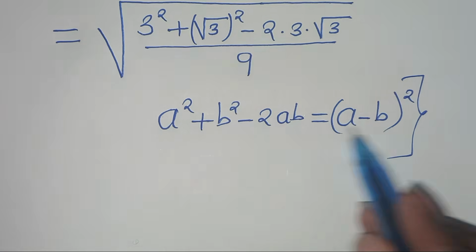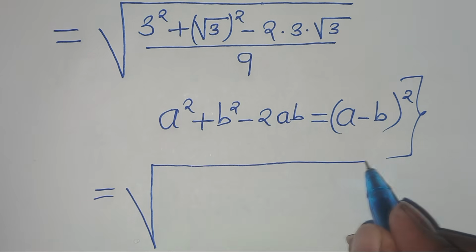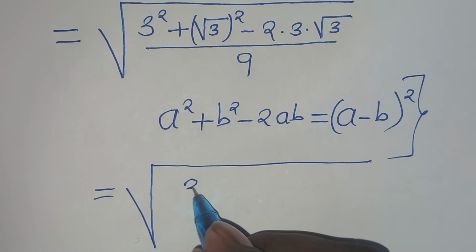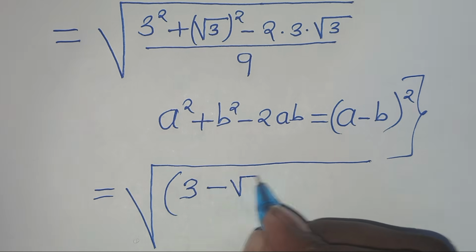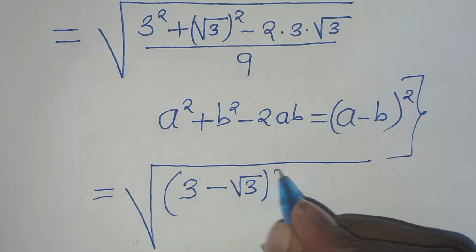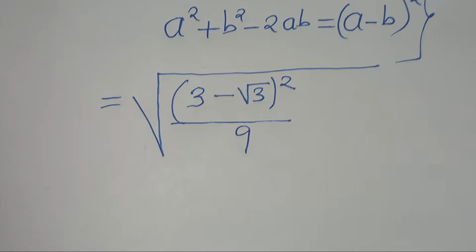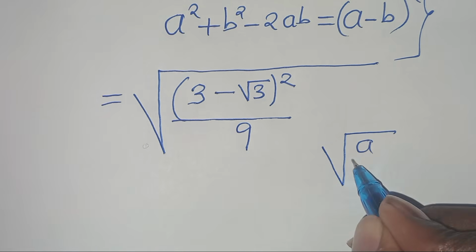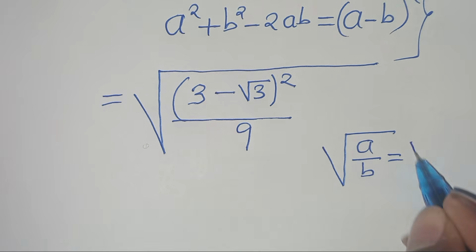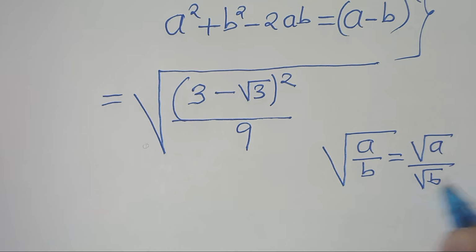Applying this algebraic identity, this means that we have 3 subtract square root of 3 raised to the power of 2, then divided by 9. And we have that square root of a divided by b can also be expressed as the square root of a divided by square root of b.